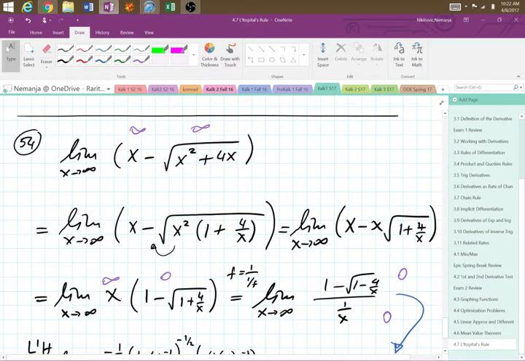Growth rate of functions does play a role, even though it's not easy to determine that just by looking at it. But you know that ln x is sluggish growing, and then you have a square root, and then you have polynomials, and then you have exponentials, right? So when you're dealing with subtracting those, it depends which one is first, which one is second, which one grows faster, and by how much or how fast.